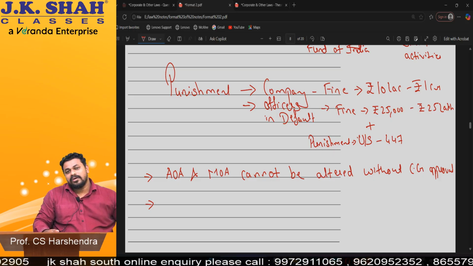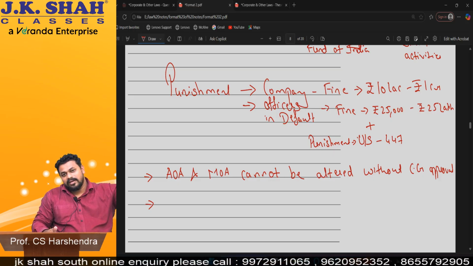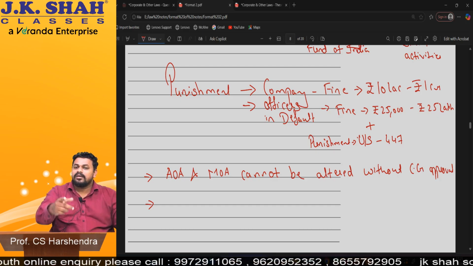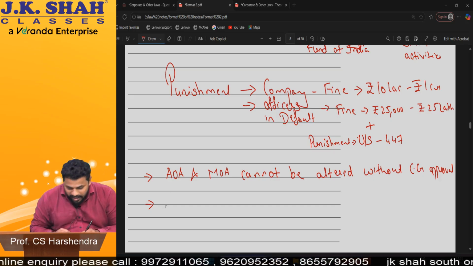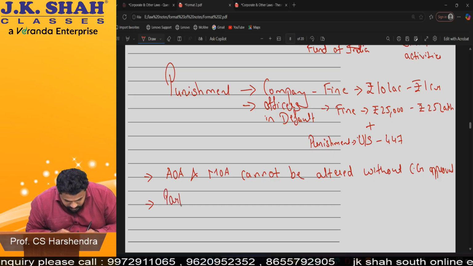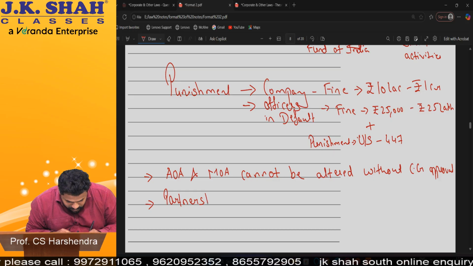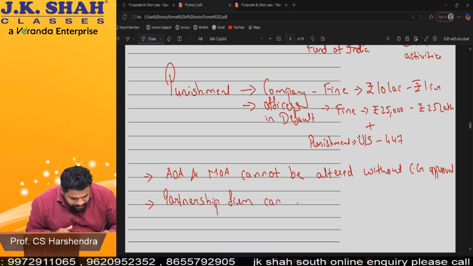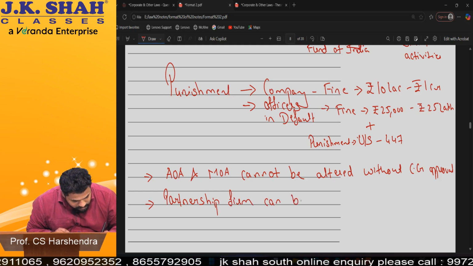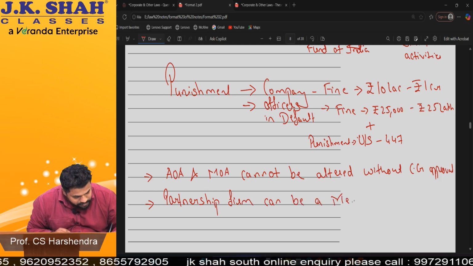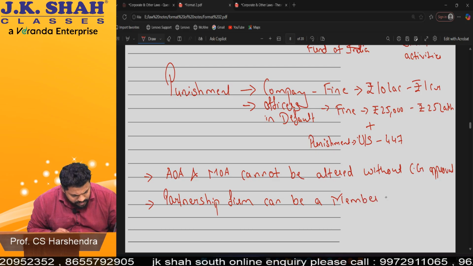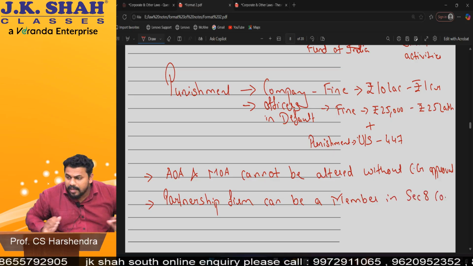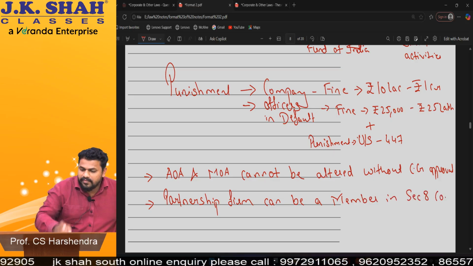A partnership firm can form a company and be a member in that, and through that Section 8 company, they will do charity. Am I clear with this? So partnership firm can be a member. Am I clear, everyone?